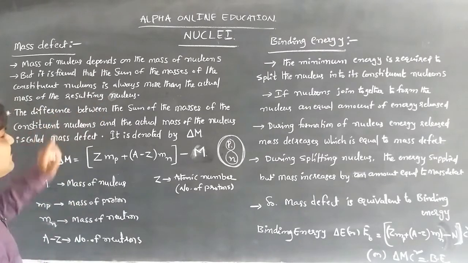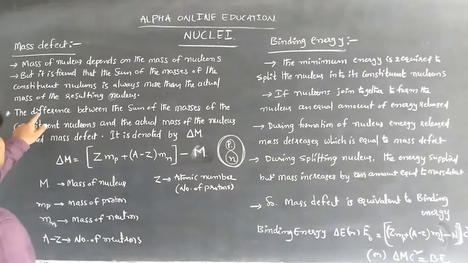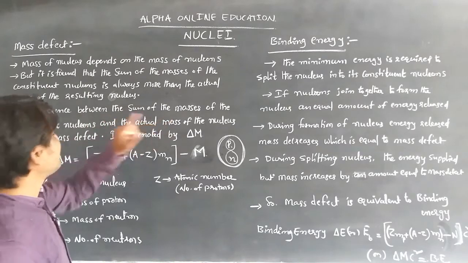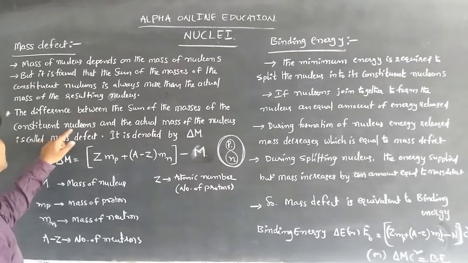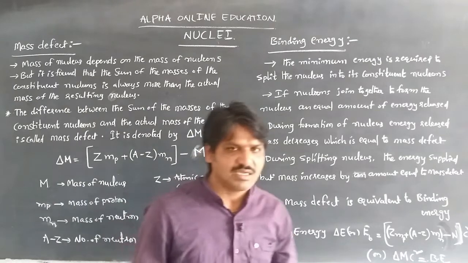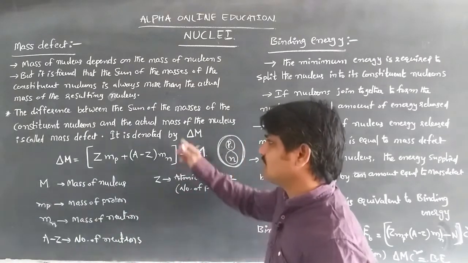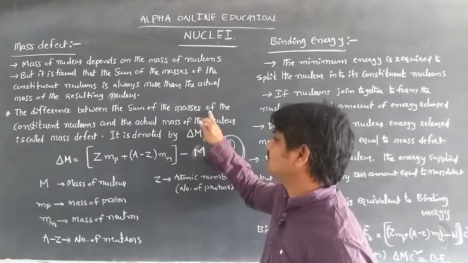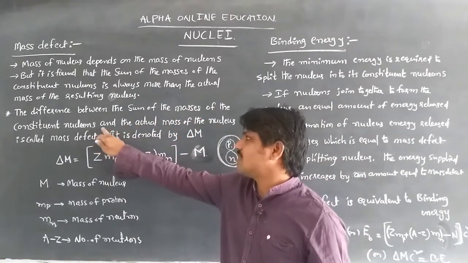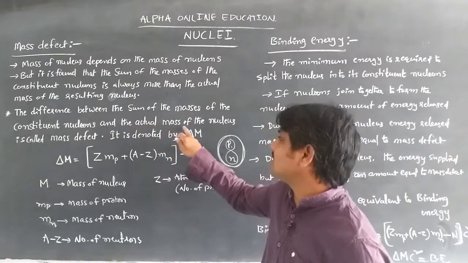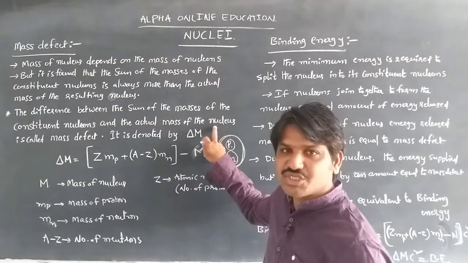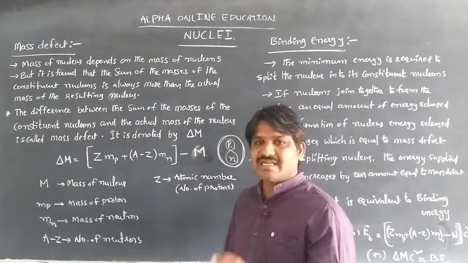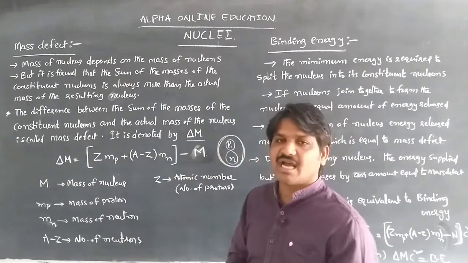So, the definition of mass defect, listen carefully: the difference between the sum of the masses of the constituent nucleons, the protons and neutrons, and the actual mass of the nucleus is known as the mass defect, and it is denoted by delta m.